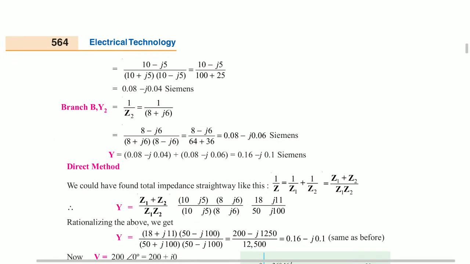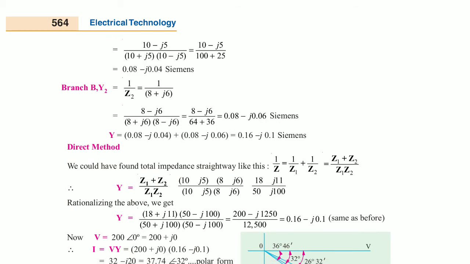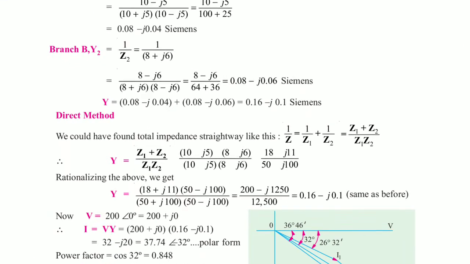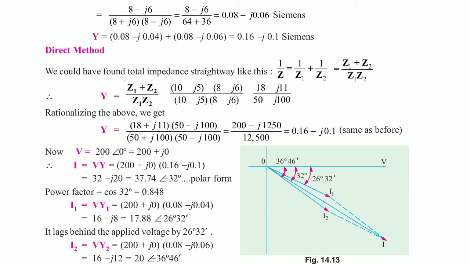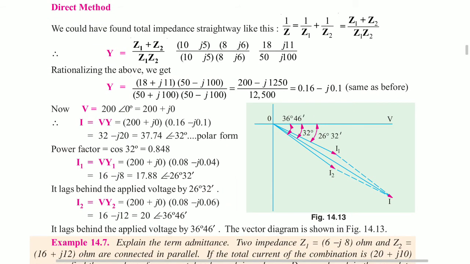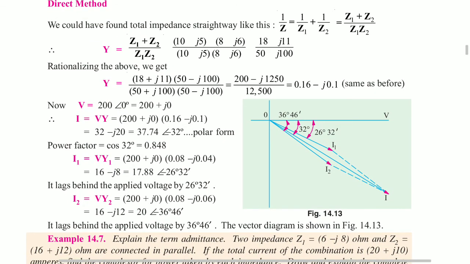So Y is equal to Y1 plus Y2, that gives the conductance and susceptance. Here in the direct method we could find the total admittance: 1 by Z is equal to 1 by Z1 plus 1 by Z2, which gives the direct Y value.